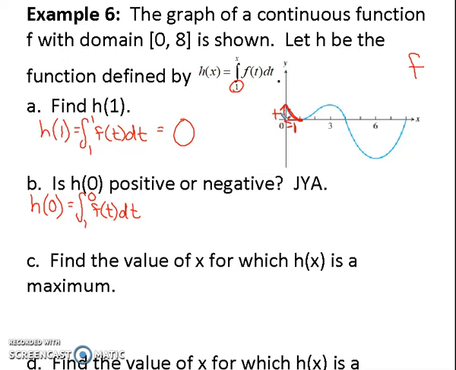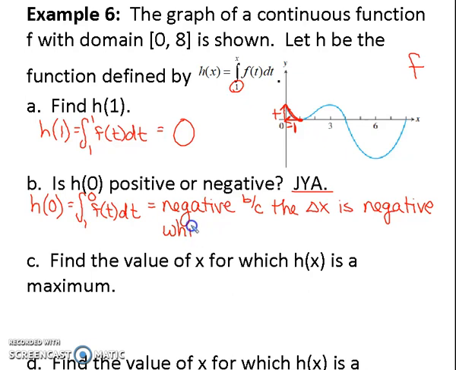So I would have positive y values times a negative change in x. So that is going to be negative. And your reasoning, because it says justify your answer, could be because the change in x is negative while all the y values in the interval are positive.